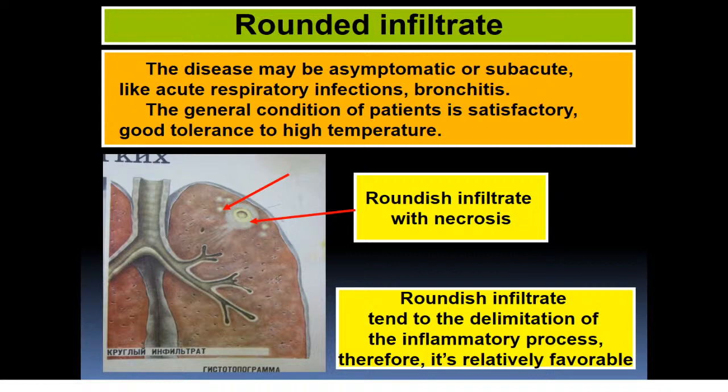On this scheme, you can see a roundish infiltrate with necrosis inside, and around the infiltrate we can see foci. It's typical for tuberculosis. Roundish infiltrates tend to the delimitation of the inflammatory process. Therefore, it's relatively favorable.